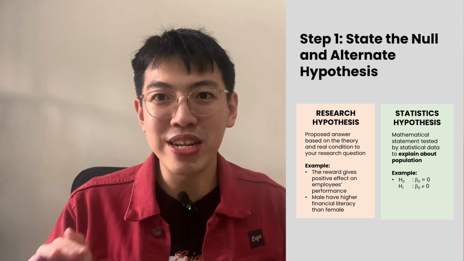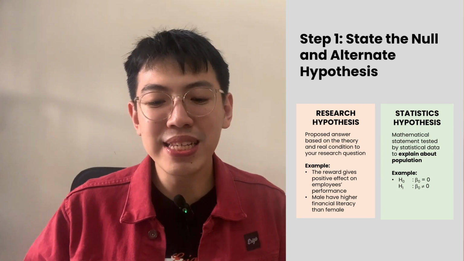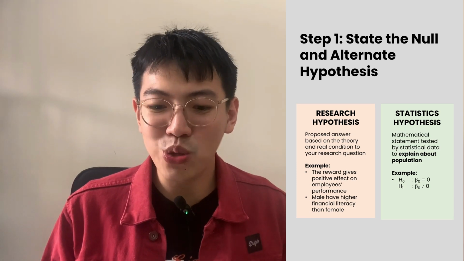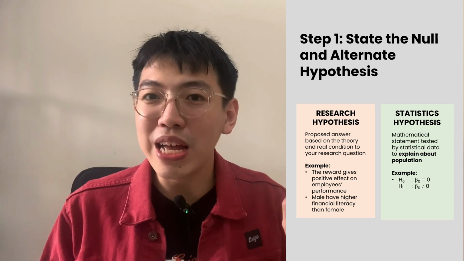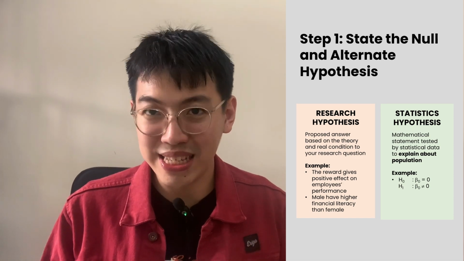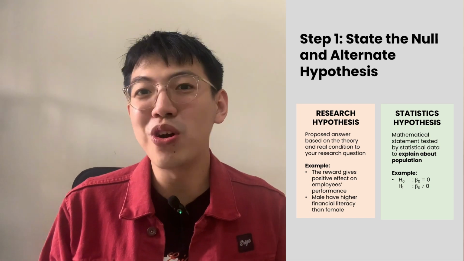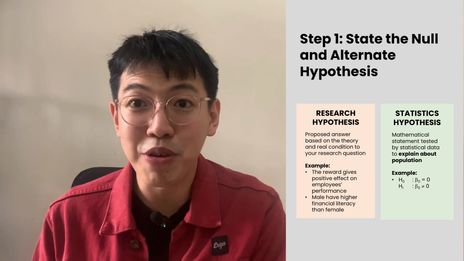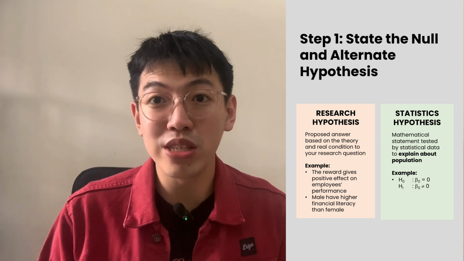The H0 or null hypothesis is beta 0 equals 0, while the alternate hypothesis or H1 is beta 0 is not equal with 0. Do you get the idea, right? What is the difference between research hypothesis and statistic hypothesis? Now let's go deeper to statistic hypothesis. How to create statistic hypothesis.